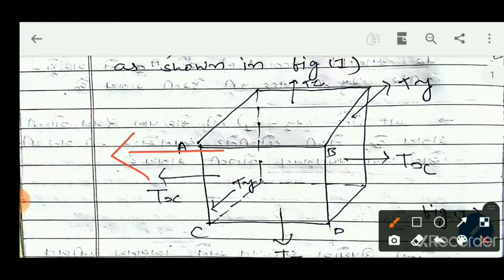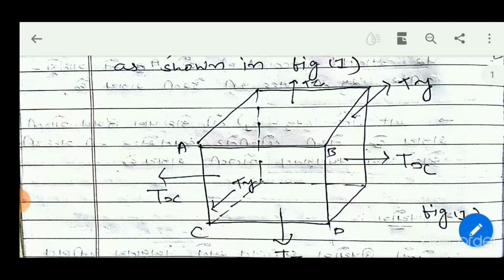By applying Tz and Tx, or any two directions, we have a change in shape, so it's a shear strain. Applying tension in every direction leads to a change in volume, meaning bulk modulus B. So now we start.